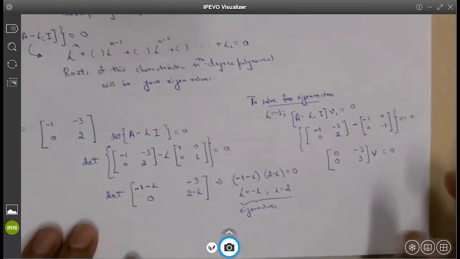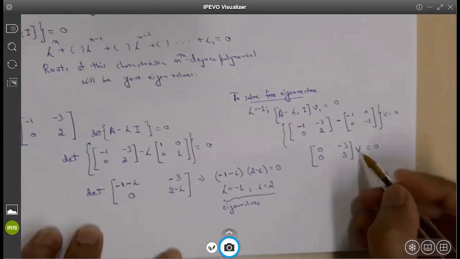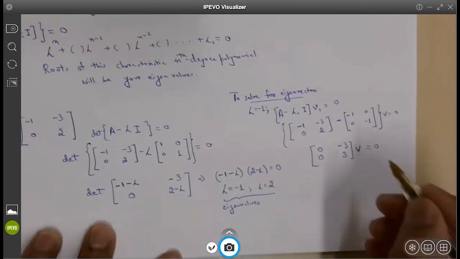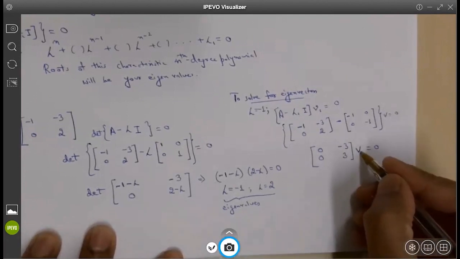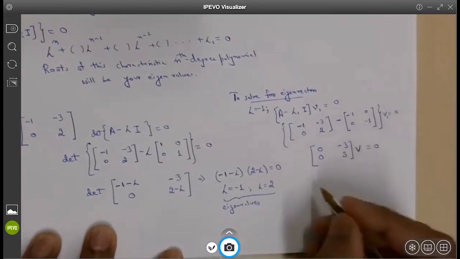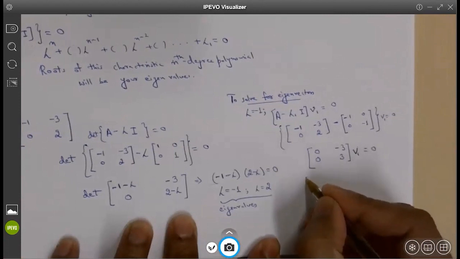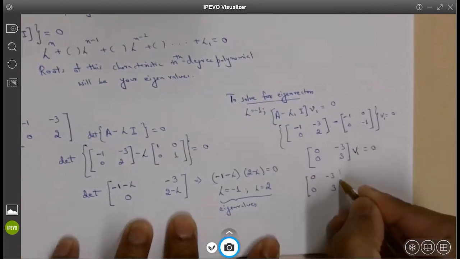To solve for this vector V, note that it is a 2-dimensional vector, so you have a first component and a second component. Let's call it V1.